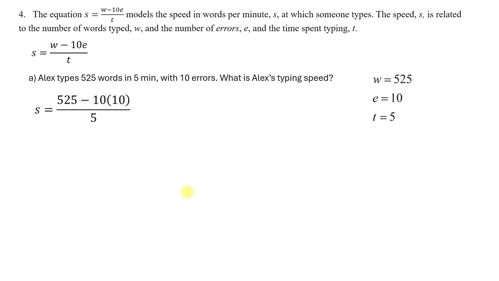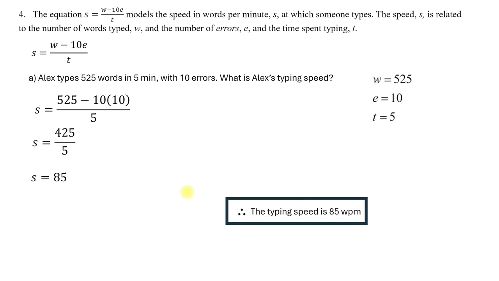Gives us an equation of S = (525 - 10 times 10)/5. We simplify that. Gives us 425 over 5. And simplifying further, we end up with a value of S being 85. So we can say that the typing speed is 85 words per minute.